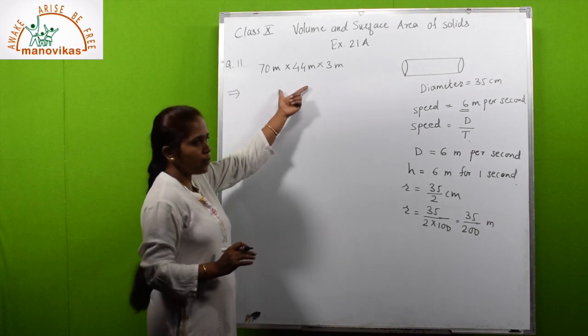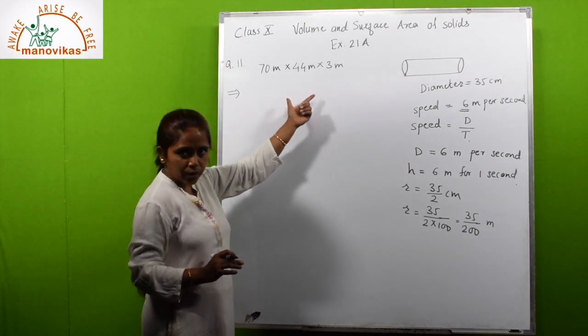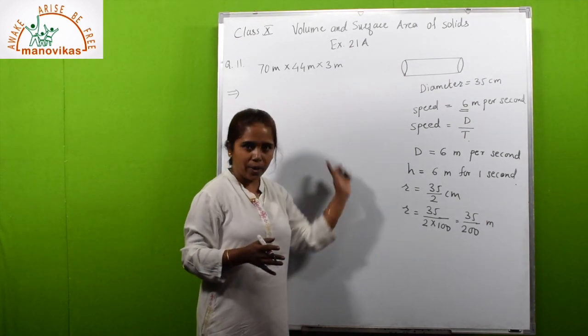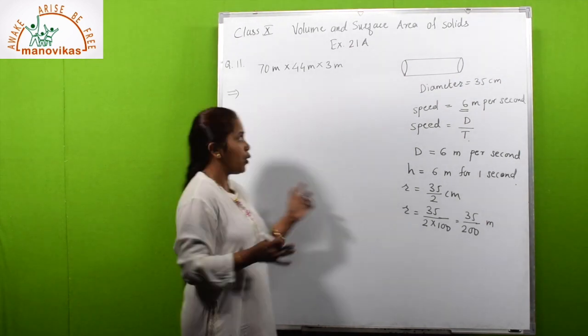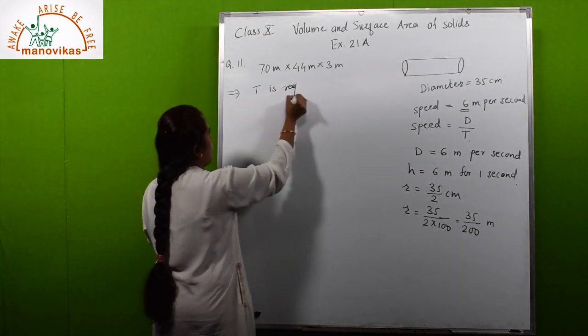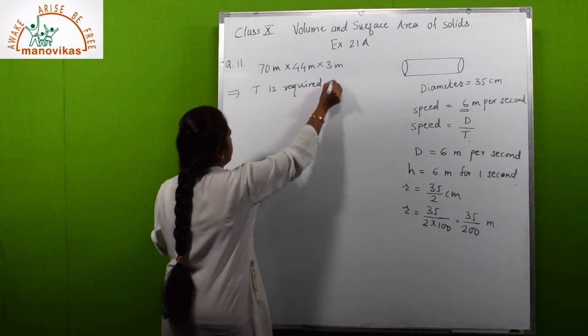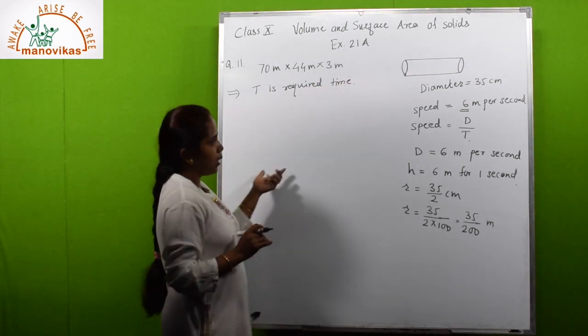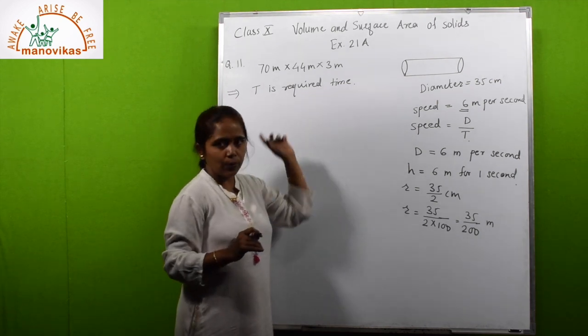Now the volume of the swimming pool: to fill that volume, water is flowing through this pipe. Suppose T is the required time. Within this time we can fill the swimming pool.